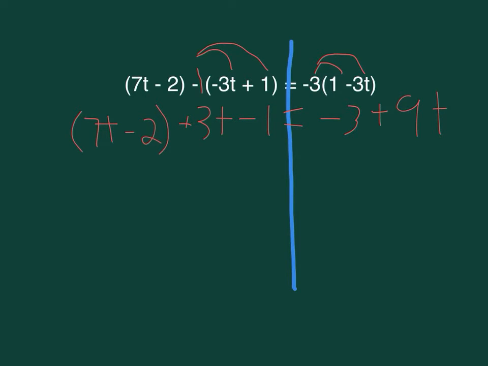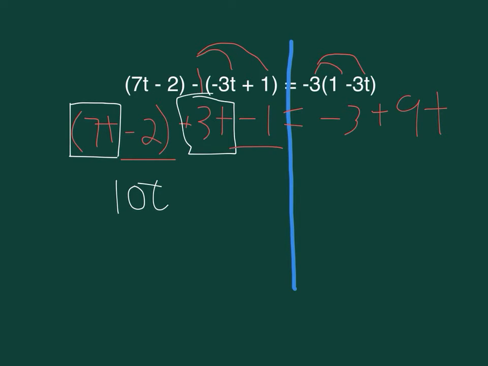The second step is going to be to combine our like terms. So you'll see that on the left-hand side, we've got 7t right here, and we've got 3t right here. So 7t and 3t are both positive, so we're going to add them together. That's going to make 10t. We've also got -2 and -1.